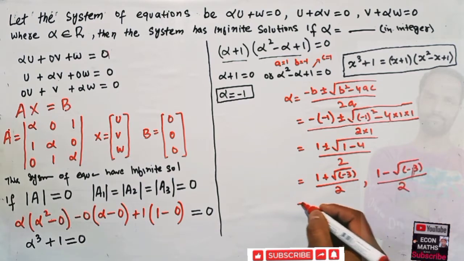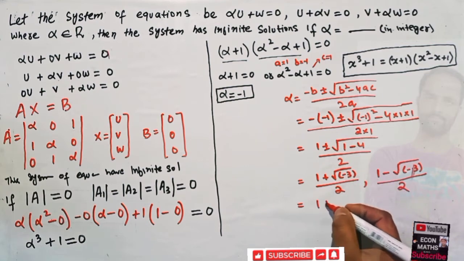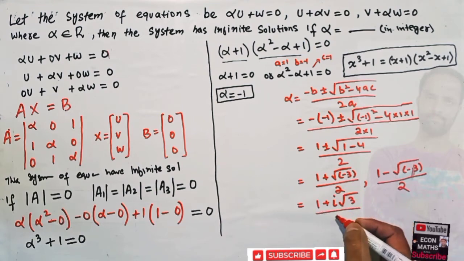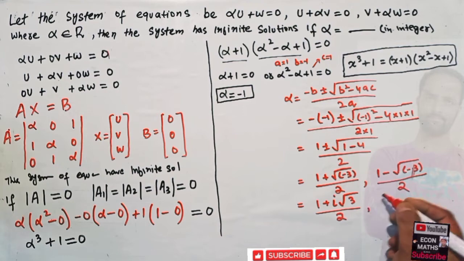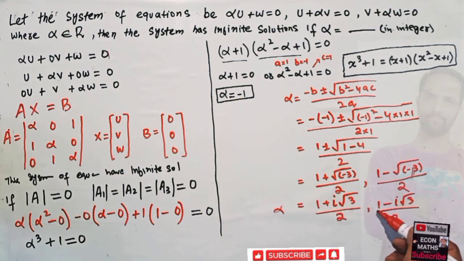Since we have minus under root, this can be written like this: we have 1 plus iota under root 3 upon 2, and 1 minus iota under root 3 upon 2. So we got three values for alpha. Alpha is equal to minus 1, and alpha is equal to this stuff, and alpha is equal to this stuff.